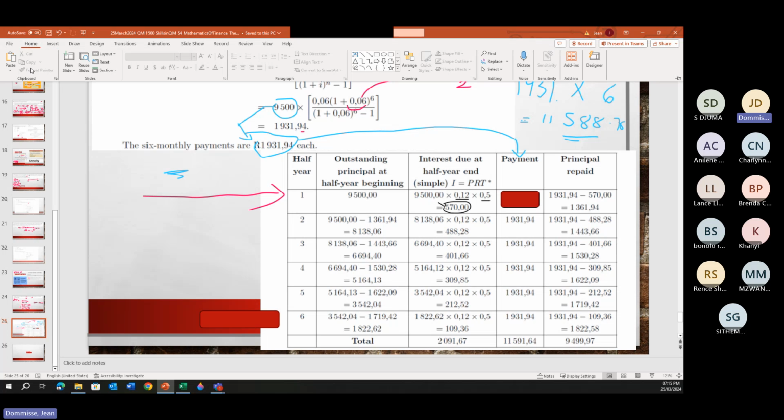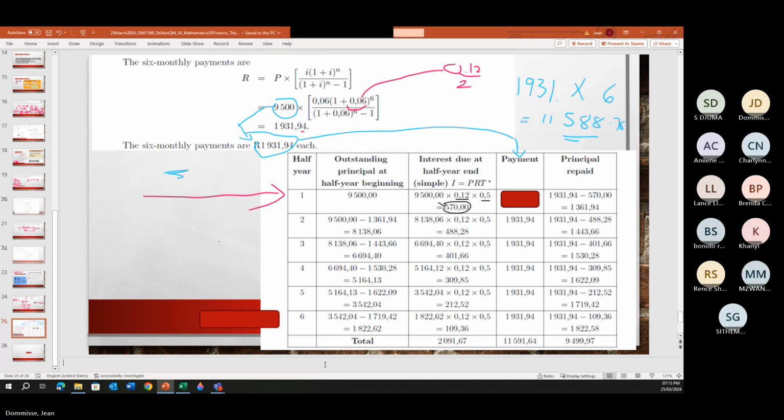Then the other thing that we need to be able to work out is we've got a value at the beginning. So that is whatever we started off with. So the 9,500 is what we started off with. We accumulated interest to that 9,500.